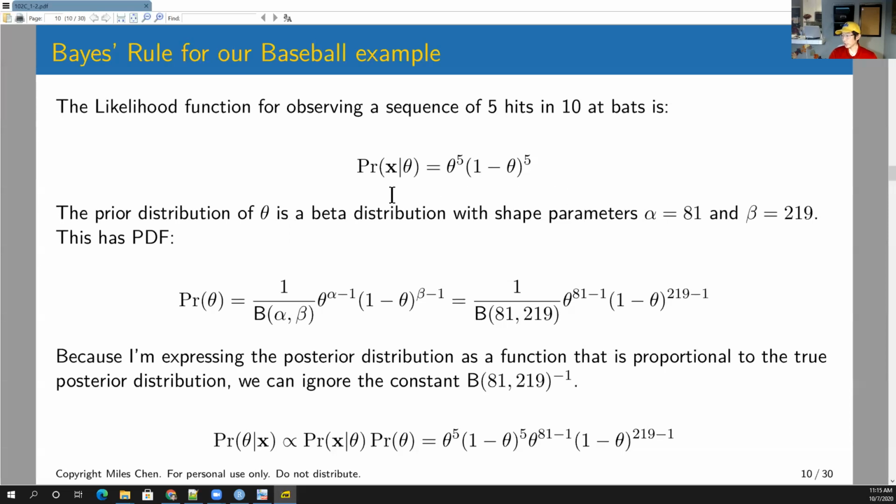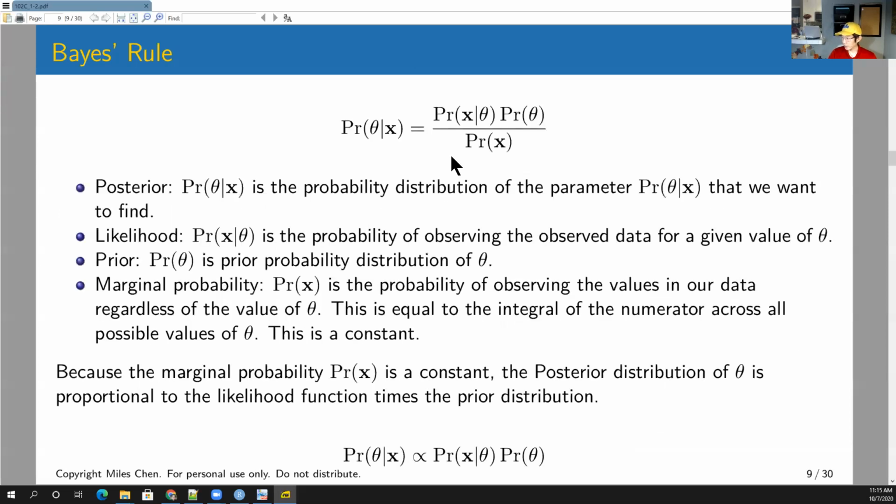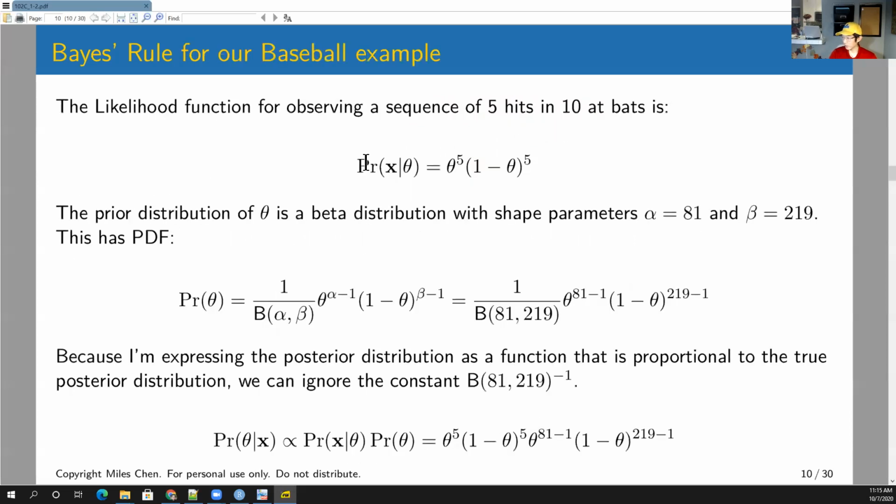The numerator is the product of the likelihood times the prior. This is the likelihood, this is the prior, and the numerator is just the product of those two things. So I'm going to take theta raised to the 5th, 1 minus theta raised to the 5th, and multiply it by the prior distribution.